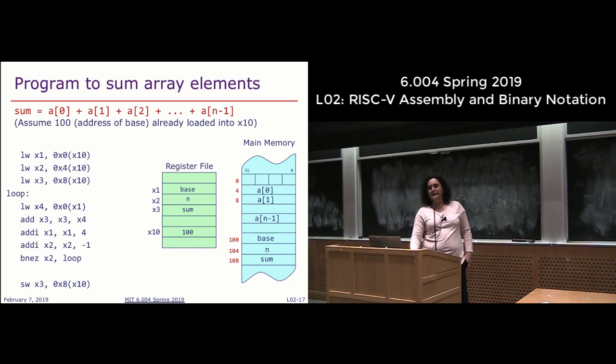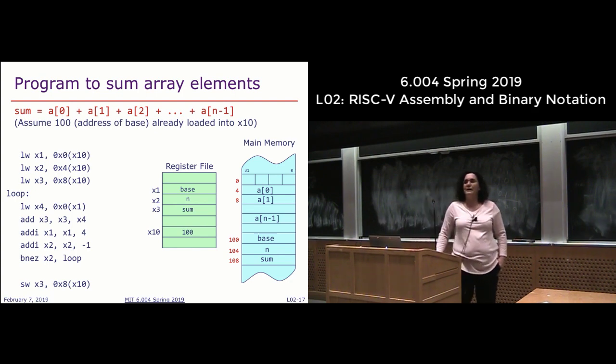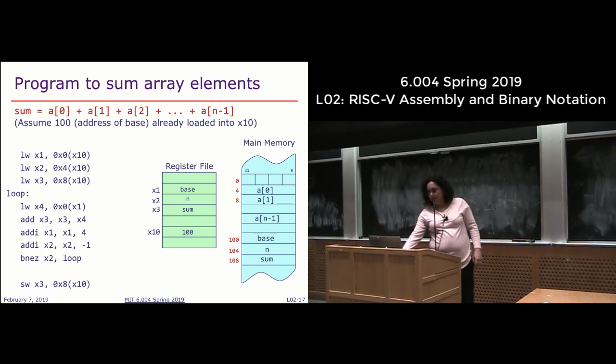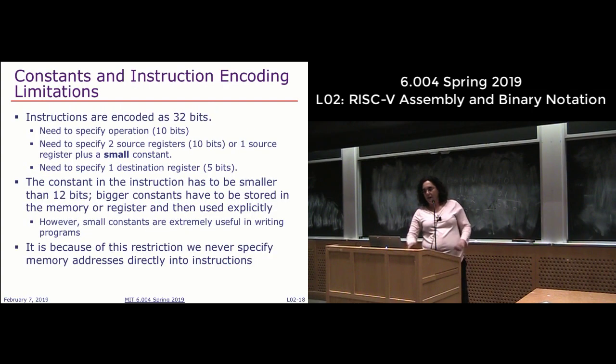And finally, I decrement my count by 1 to indicate that I have 1 fewer thing to add, and I jump back to loop. Any questions about that? Terrific. Okay. Oh, sorry. And of course, the last thing is we're going to take our result and store it back into memory. Okay.